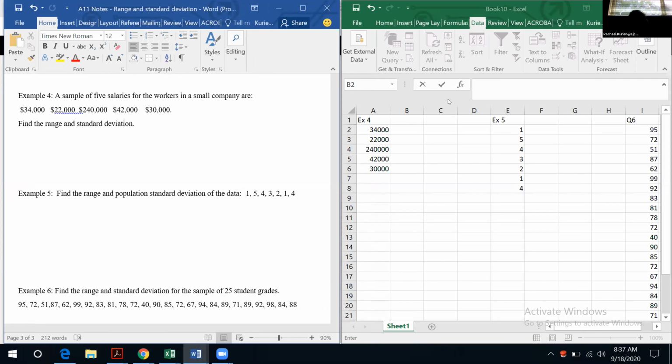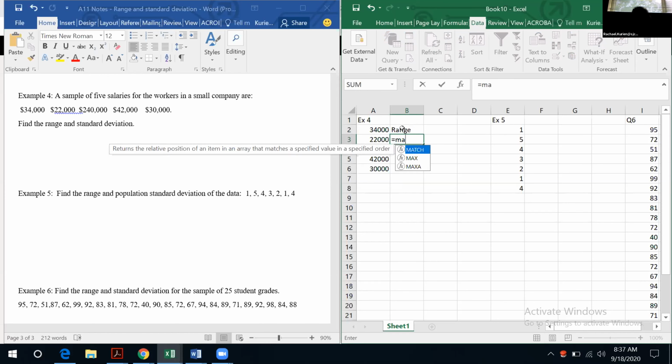So here we have example 4, and it's a sample of 5 salaries for the workers in a small company. And we want to find the range and the standard deviation. So I already have the data listed out. So it's right here, the data. So to find the range, don't forget it's the biggest minus the smallest, or the highest minus the lowest.